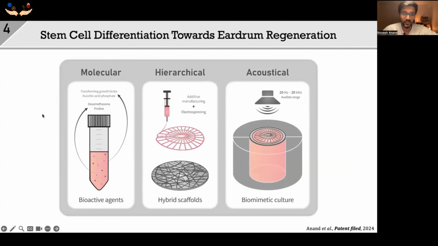The molecular stimulation was provided using bioactive agents in the medium. The hierarchical stimulation was provided using hybrid scaffolds, which were fabricated by combining additive manufacturing with electrospinning. And the acoustical stimulation was provided by stimulating the tympanic membrane scaffolds cultured with the cells with sound waves in the audible range.